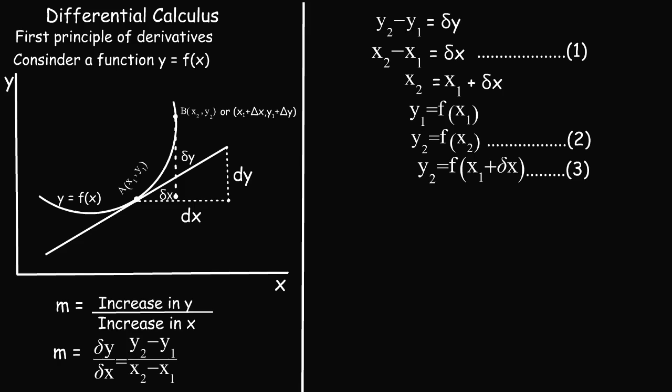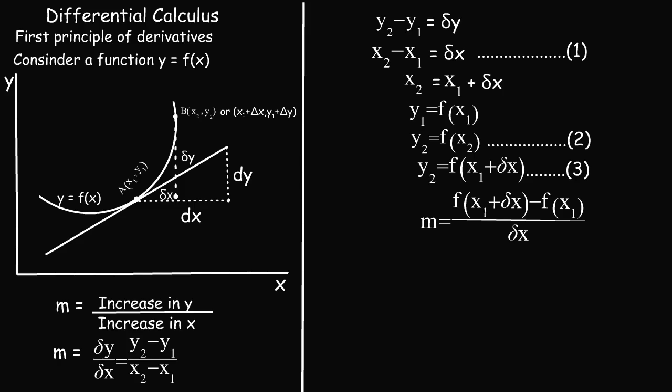Now substituting for s2 minus s1, y1 and y2 in our original equation, m will be equal to f of s1 plus delta s minus f of s1 divided by delta s.